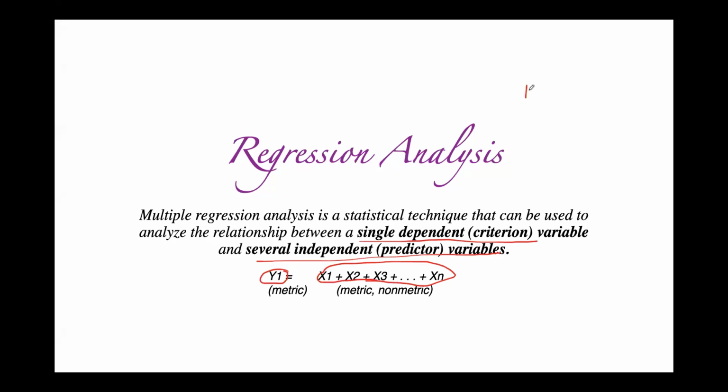So if I understand that dependent variable A is influenced by independent variable 1, independent variable 2, independent variable 3, and independent variable n. So this is what a regression analysis is.